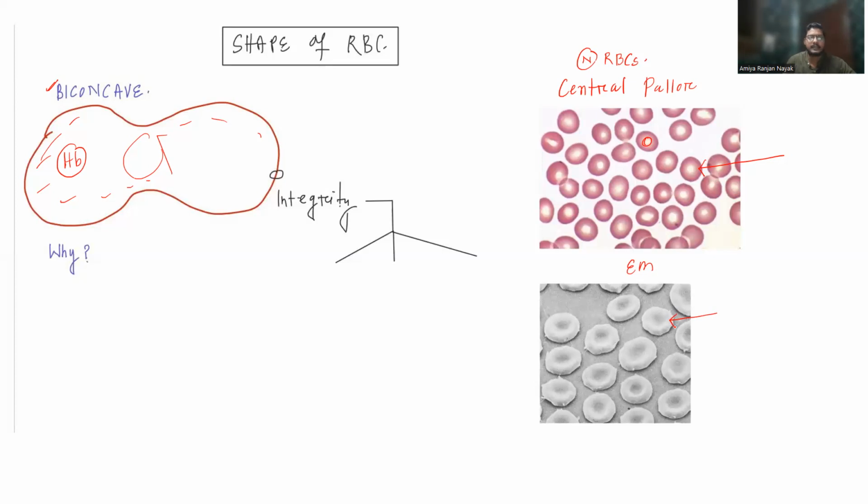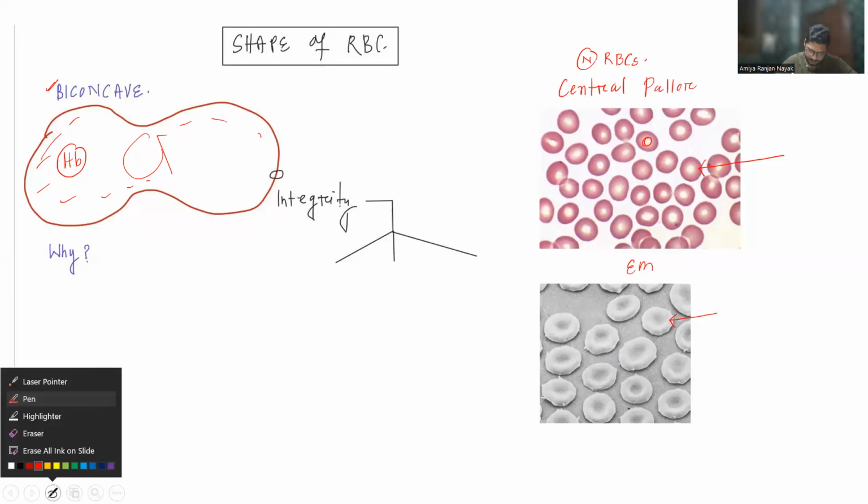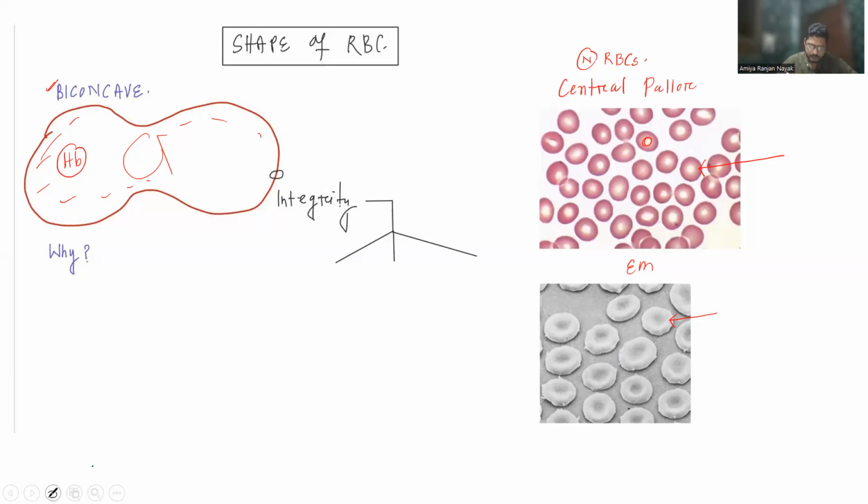Now, because they have increased surface area, it has certain advantages. As we know, the normal function of RBCs is to exchange gases. They carry oxygen and carbon dioxide and help in the exchange of gases. Because of this increased surface area, very efficient exchange of gases happens.